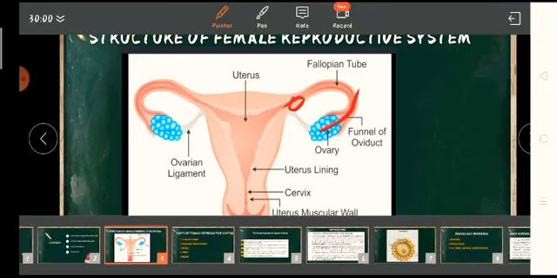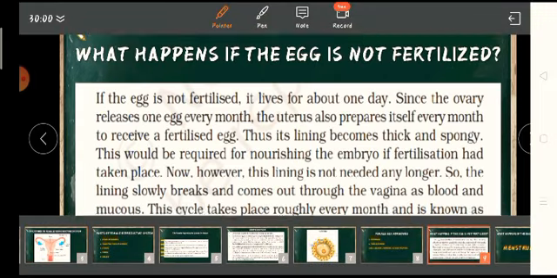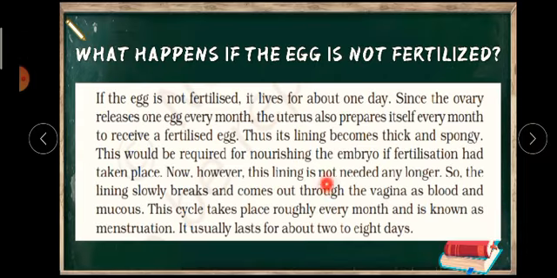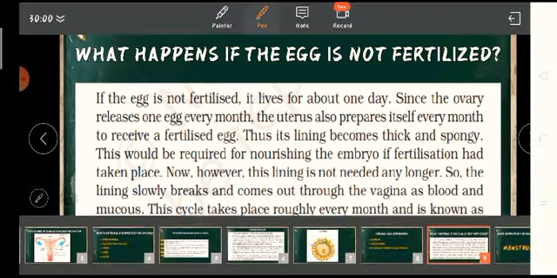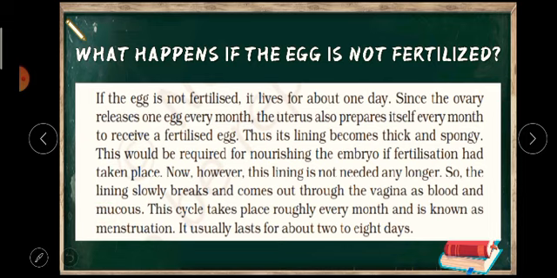So because of that reason, the woman starts breaking her own uterus lining because she doesn't need it anymore. The lining slowly breaks and comes out through the vagina as blood and mucus, along with the unfertilized egg.